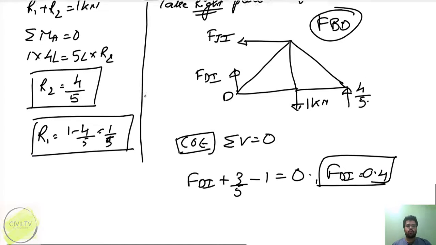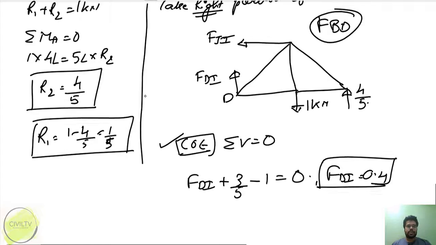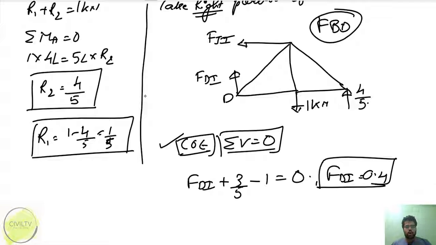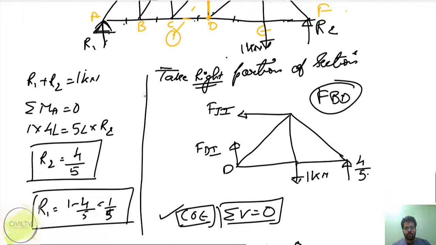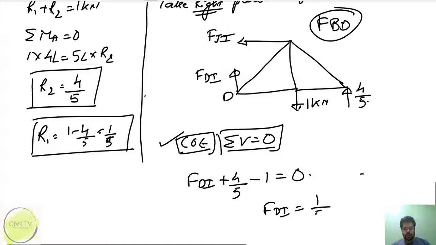Now the next step is the condition of equilibrium. Applying summation of vertical forces equals 0, FDI upwards is positive, and instead of 3 by 5 it will be 4 by 5, and minus 1. So FDI comes out to be 1 by 5.